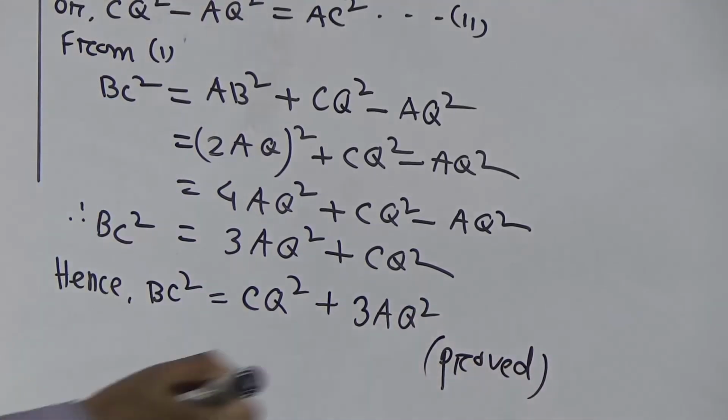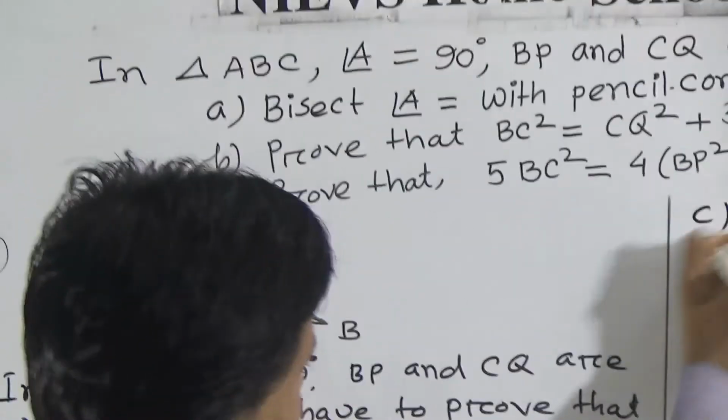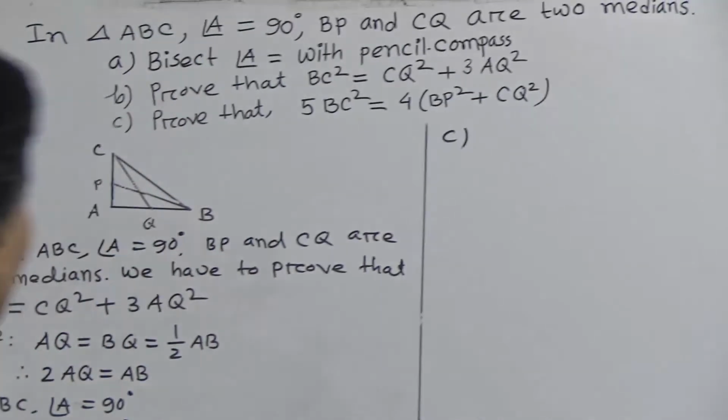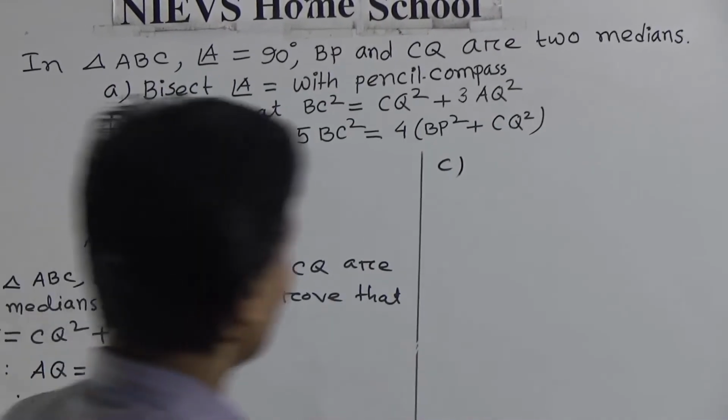Similarly, I will solve question number C. Okay, dear student, again you have to draw a right angle triangle like this way.